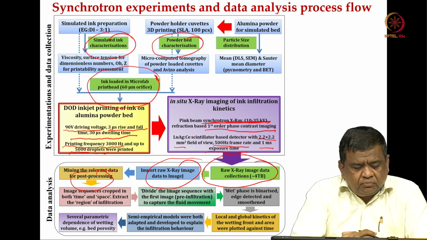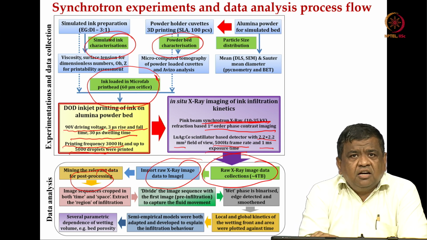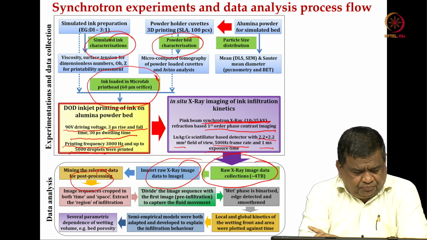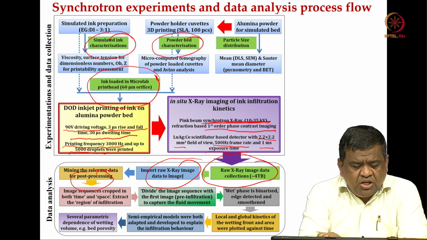Then you can crop this image sequence either in time or space, and extract the region of infiltration. Then you divide the image sequence with the first image, pre-infiltration, to capture the fluid movement.